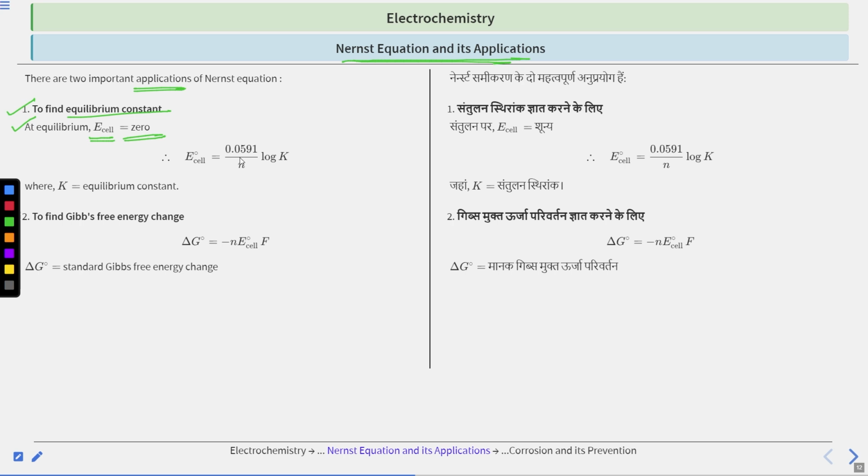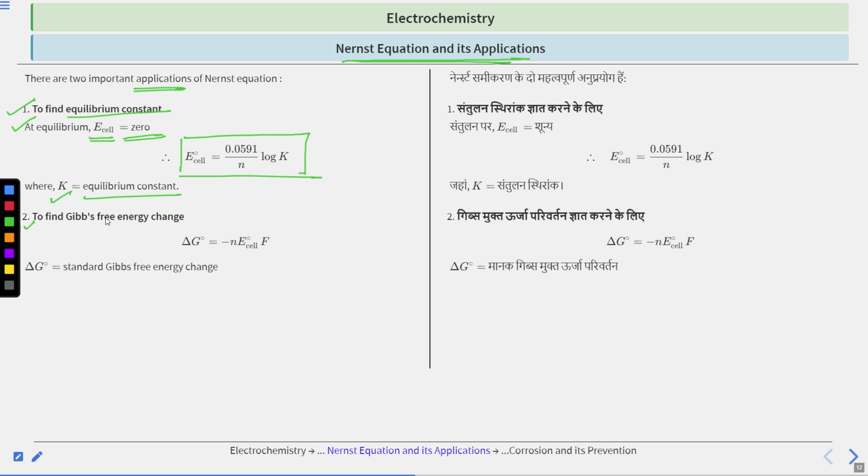So therefore, E naught of cell will become equal to 0.0591 divided by N log K. The initial equation was E of cell equals E naught of cell minus this term, right? But E of cell is 0, so that minus will become positive. So E naught cell will become equal to 0.0591 divided by N log K. Here K is the equilibrium constant and thus we can find out the equilibrium constant.